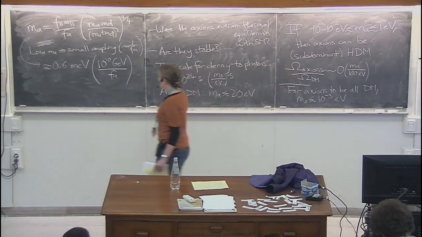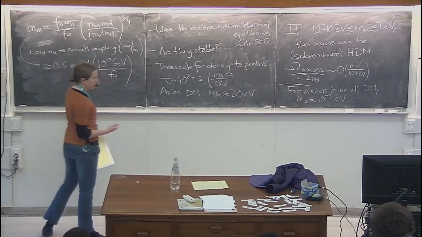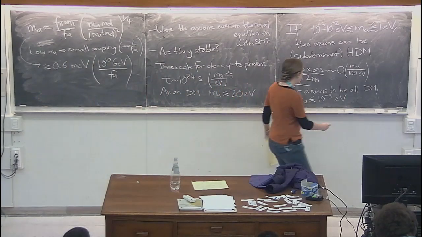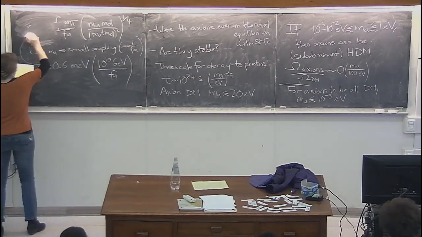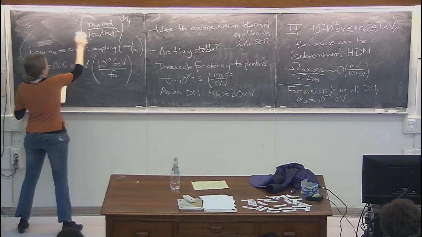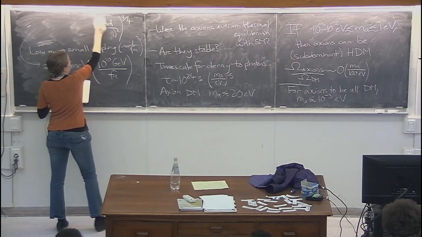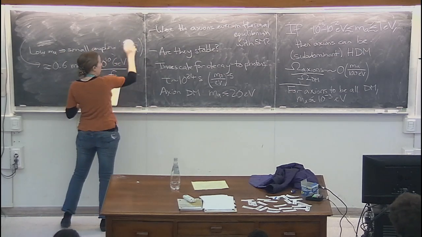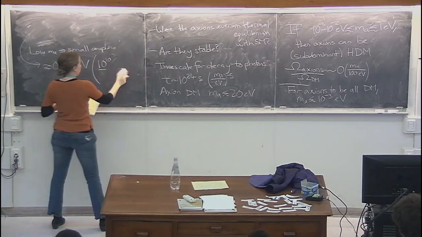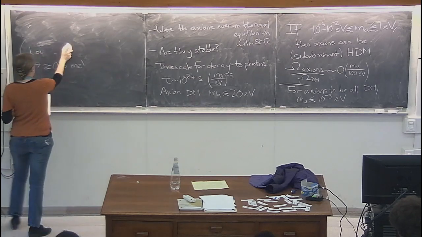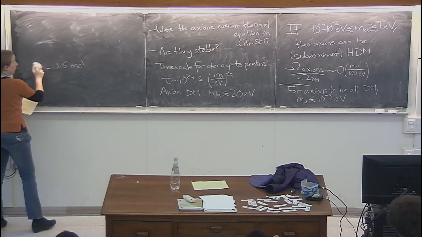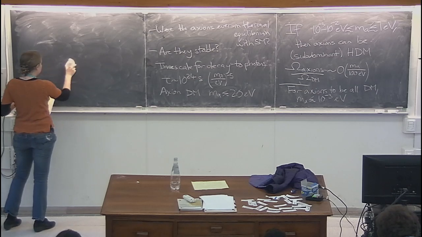Okay, so let's look at the case of this non-thermal axion. What we're imagining here is that early in the universe, these axions were produced. They evolved in the potential that I wrote down earlier. This axion field doesn't have any interactions with the standard model. It's just evolving like the scalar fields that you talked about in slow roll inflation.